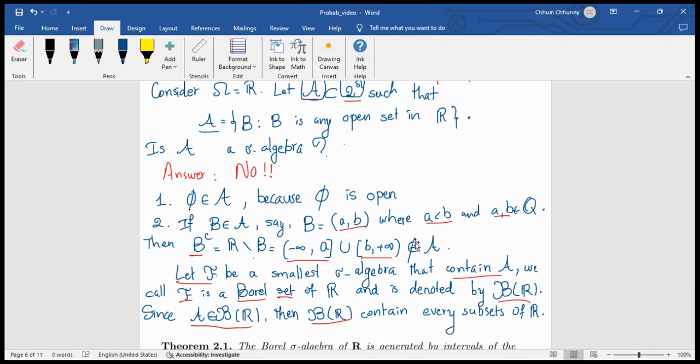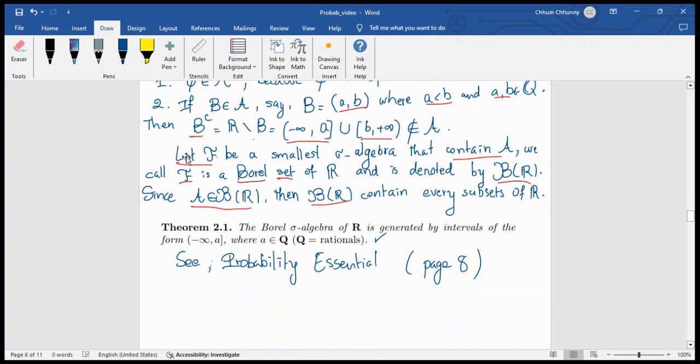So how can we get a sigma algebra from A? Here is another statement. Let F be the smallest sigma algebra that contains the set A. We call F the Borel set of A, denoted by B(A).